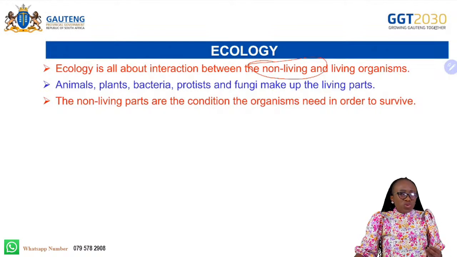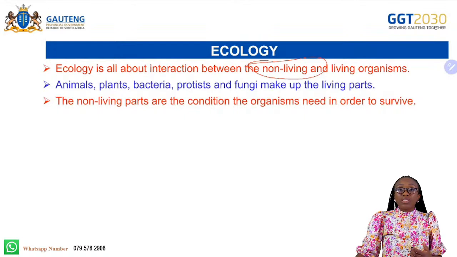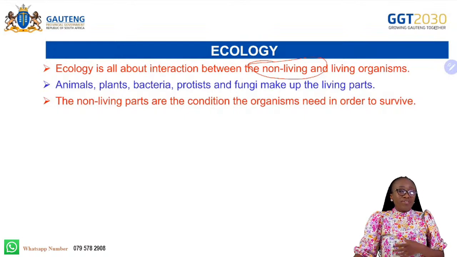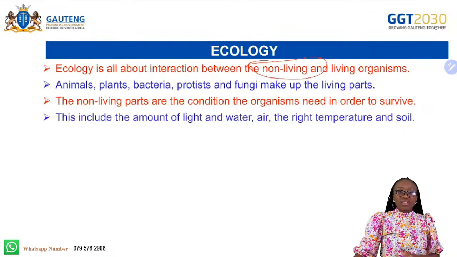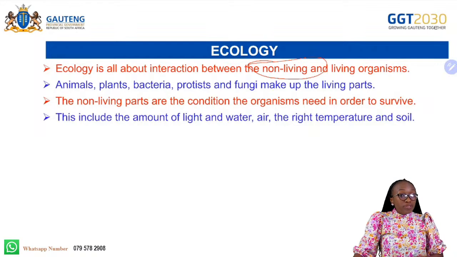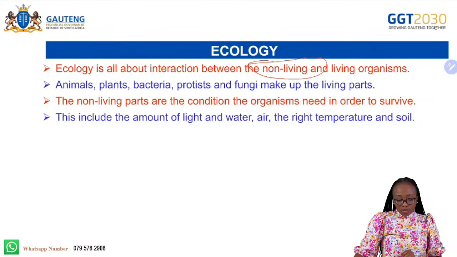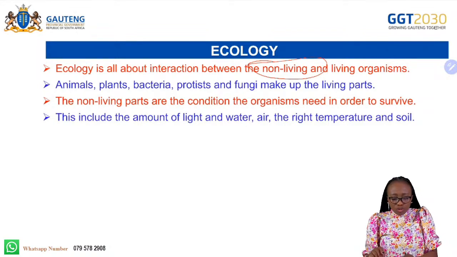What type of soil is it? What type of soil does this plant need in order to grow and to thrive and to reproduce? Those are the interactions that we're talking about, the interactions between the living part of an ecosystem and the non-living part of an ecosystem. The non-living part includes light.